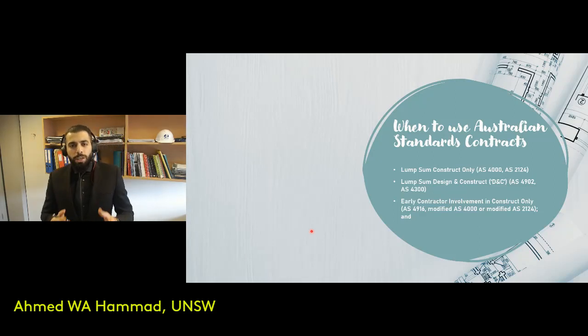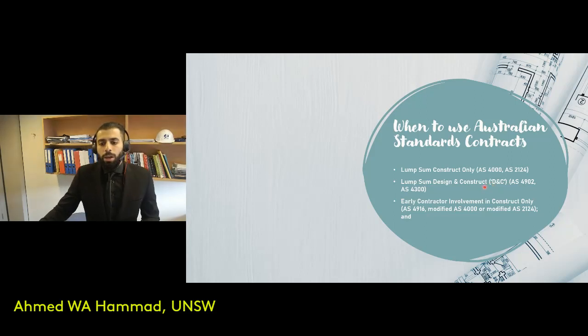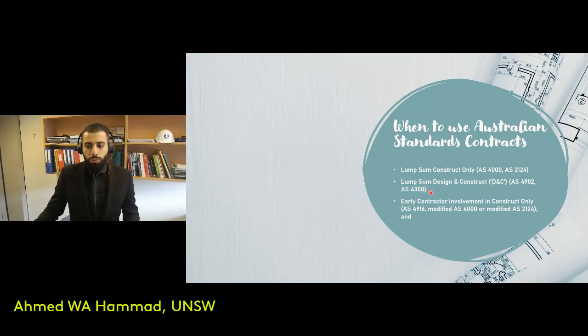When to use these forms? It depends on what you're trying to achieve and the contract that you're seeking. So if you've got a lump sum construct only contract, then it's AS4000 and AS2124. These would be the standard form contracts that you would use. If it's a lump sum design and construct, then it's AS4902 or AS4300.